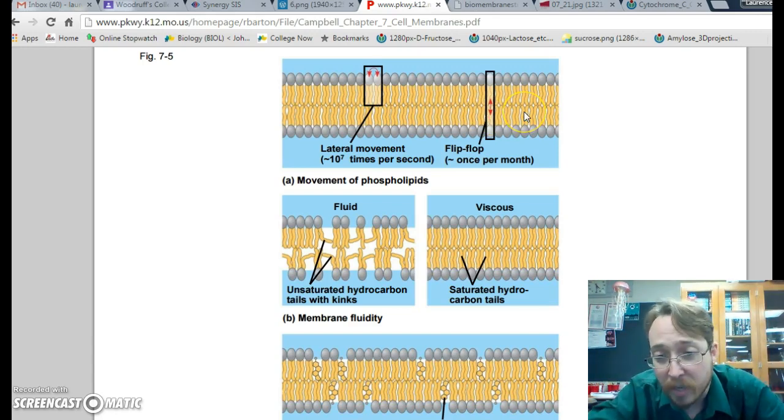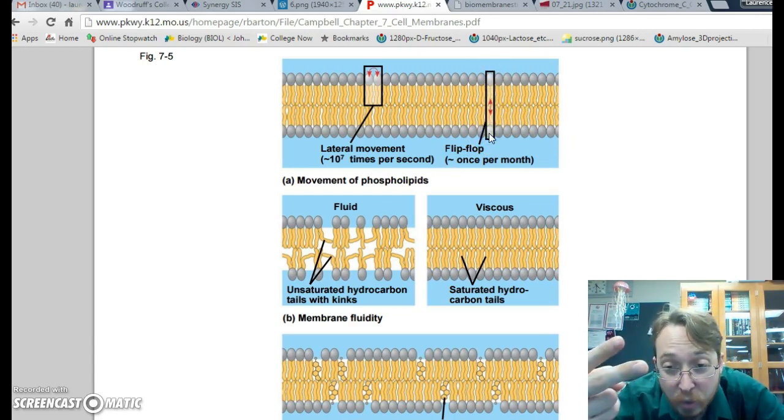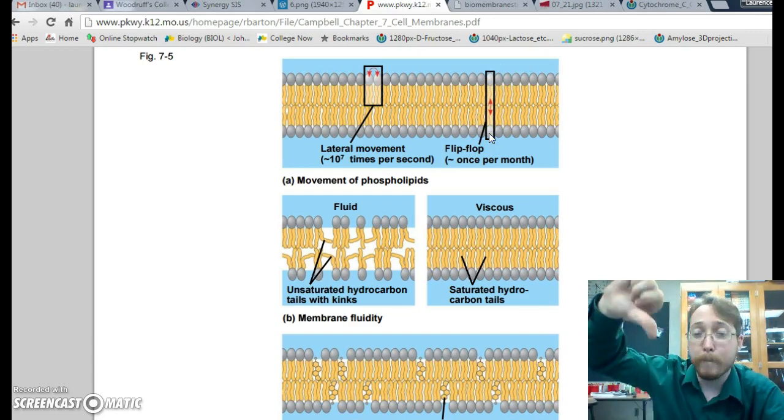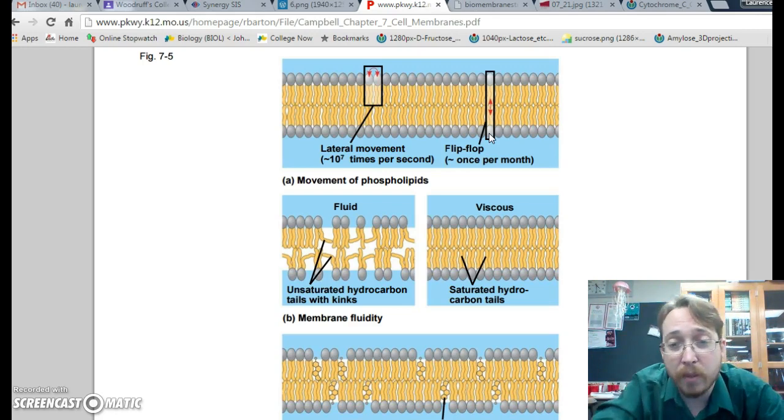Now, there's another type of movement that the phospholipids will undergo, and that is scientifically referred to as flip-flop. And that means that this phospholipid will occasionally change which layer it is in to the other layer. This happens much less frequently, approximately once per month.